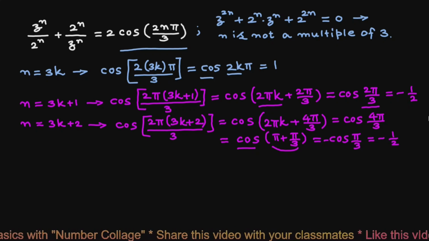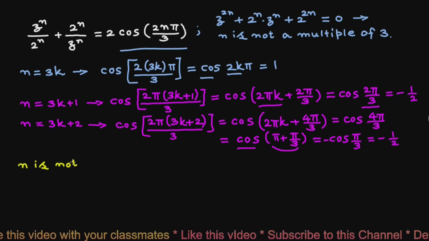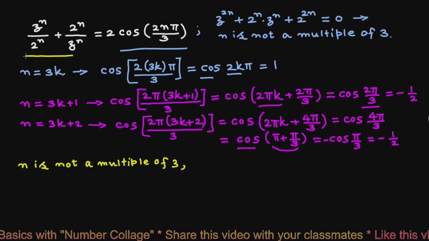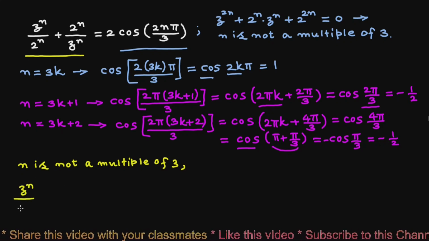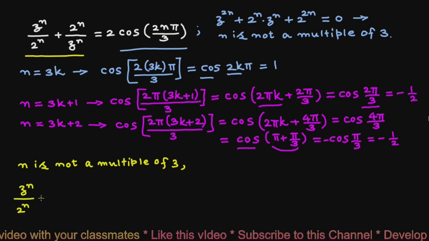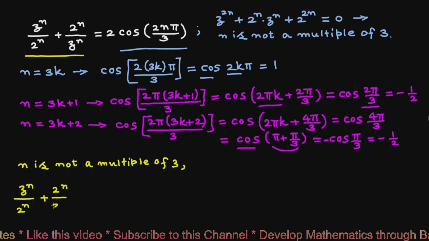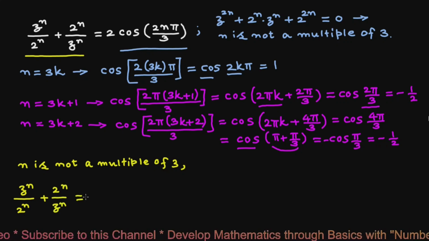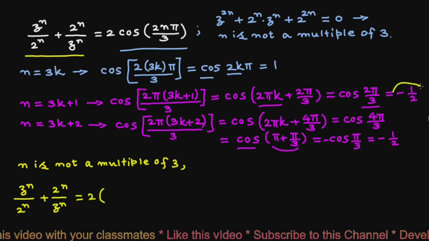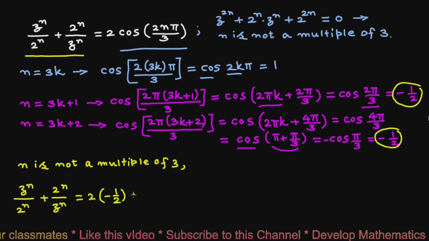We observe that when n is not a multiple of 3, this left hand side z raised to n upon 2 raised to n plus 2 raised to n upon z raised to n will be 2 multiplied by minus half, which is minus 1.